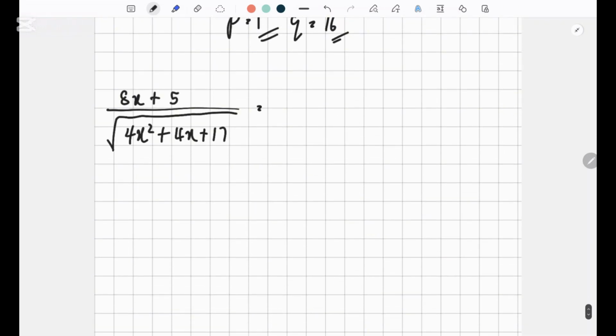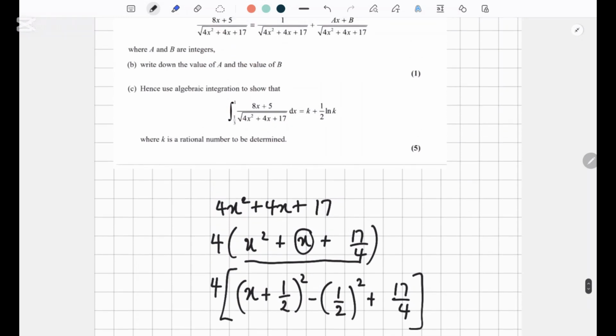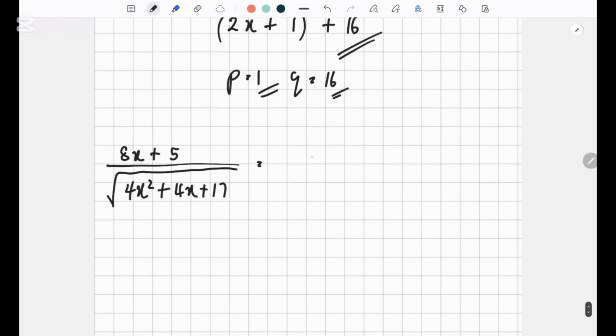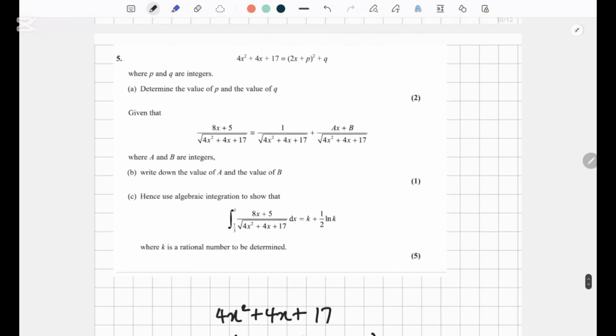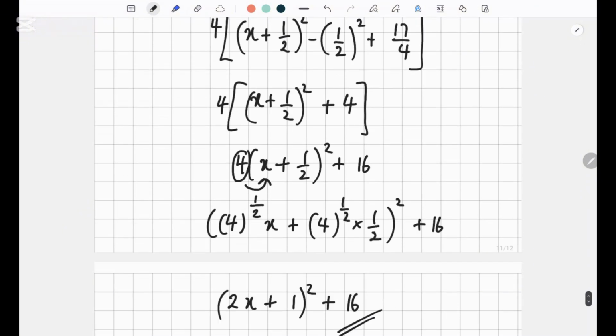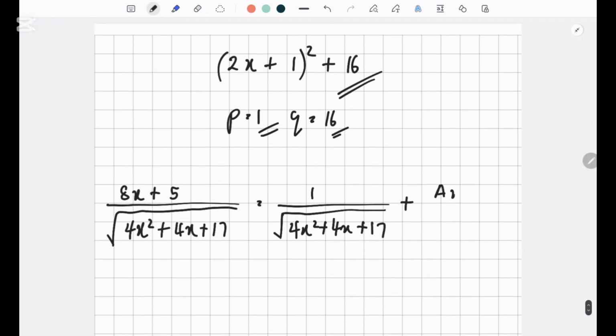Equals 1 over square root 4x squared plus 4x plus 17 plus ax plus b over 4x squared plus 4x plus 17. This is just 1 mark. I don't even know why they gave something like this, but yeah.